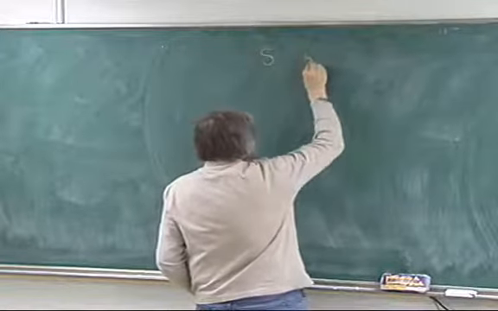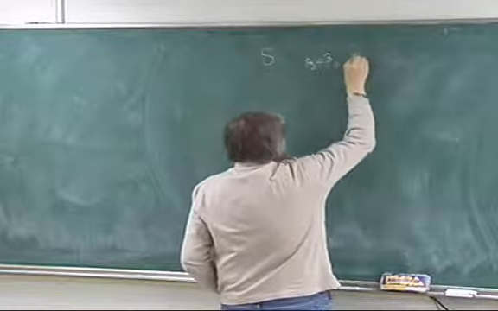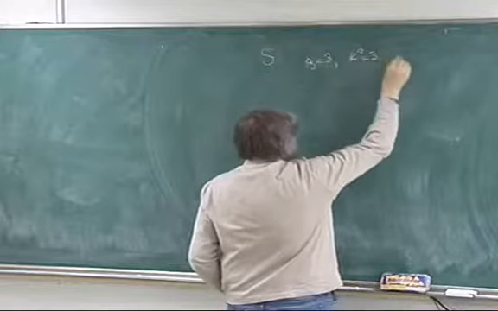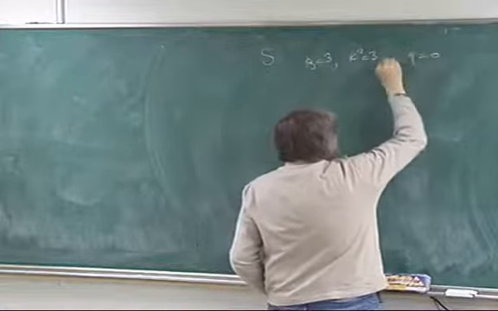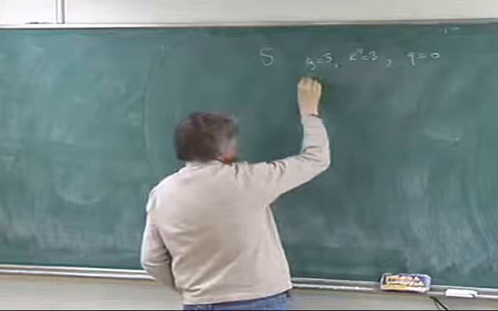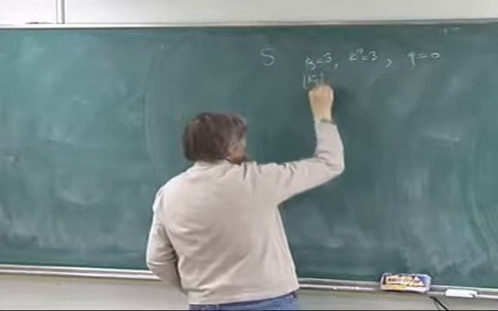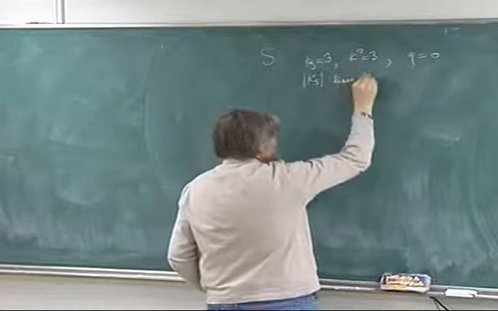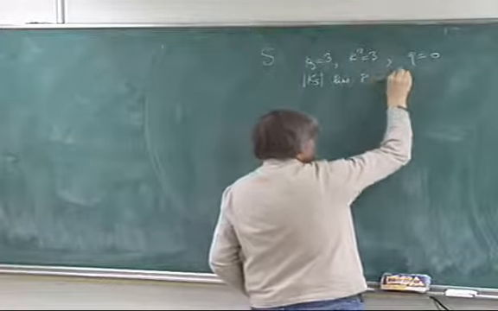with PG equals 3, K squared equals 3, and Q equals 0, and I'm assuming that Ks has P as the transversal base point.